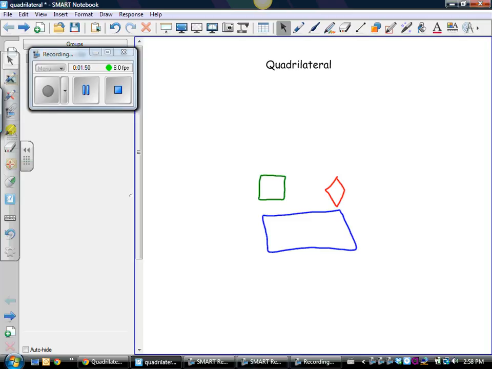Okay, so what else? Who else can draw for me a quadrilateral?